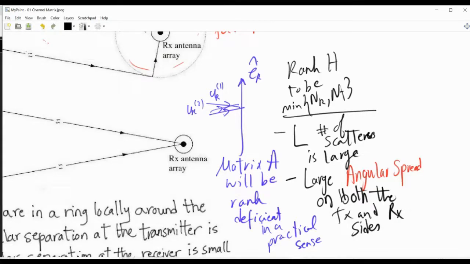If our goal is to increase the rate, and this is the goal of every next generation of a wireless standard, then you need to make sure that the environment and the antennas deployed will give you a matrix H without rank deficiency. So we need a rich scattering environment, with scatterers everywhere around the transmitter and the receiver. You need to receive your signal from a large angle. More about this in homework 3.